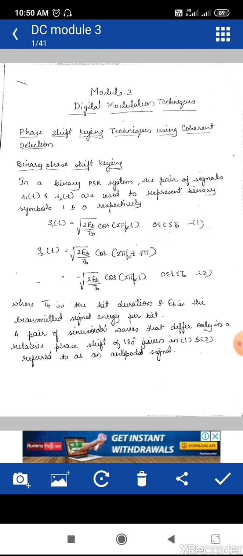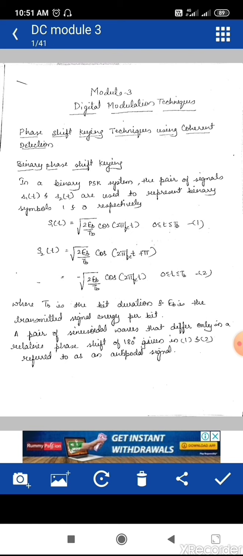As the name itself indicates, it is a binary phase shift keying technique, that is, only two symbols are used, that is 1 and 0. 1 and 0 are modulated as shown in the PPT, that is S1 of t is equal to root of 2 EB by TB cos 2 pi FCT, and the symbol duration is TB, that is 0 to TB seconds.